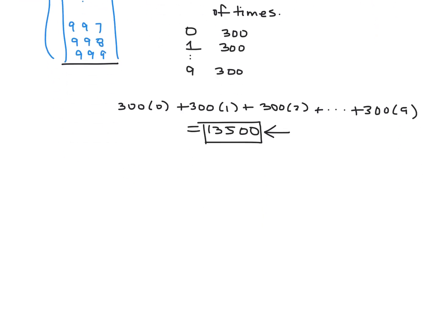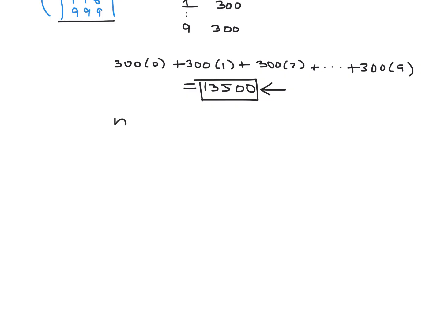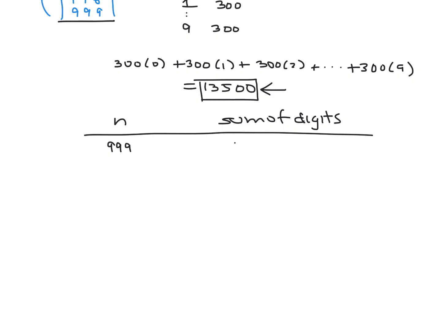So if I made a little table here, if you have n, you have sum of digits. So we had initially 999, and we got sum of the digits to be 13,500. But if I have 1,000, then you're just going to add 1 plus 0 plus 0 plus 0 to this number. That just brings it up by 1.